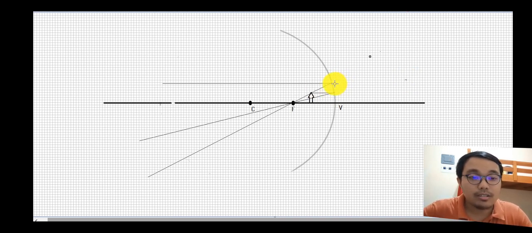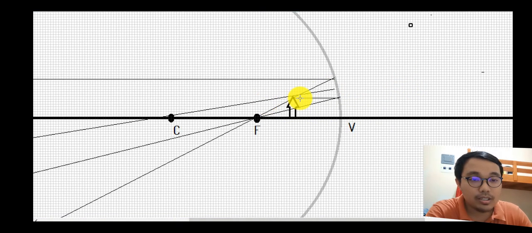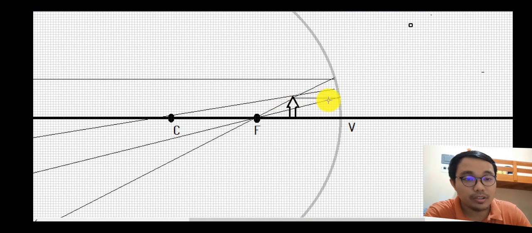Okay, so let's try the third ray, the one coming from the object, passing through the center C here, and we can extend that to the mirror, and again there is no intersection. Well, you might ask, is this an intersection point?